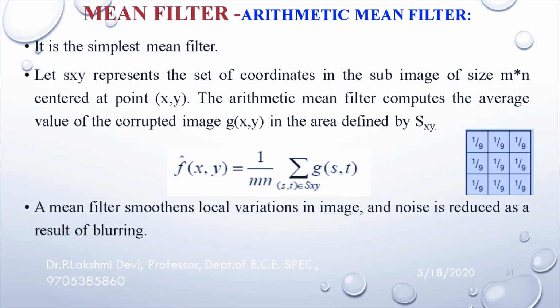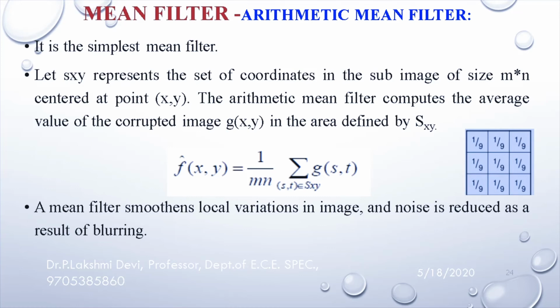In the degradation model we already came across, first we have the degradation function h, then that output is added with the noise n of xy. The output of this additive noise is g of xy.